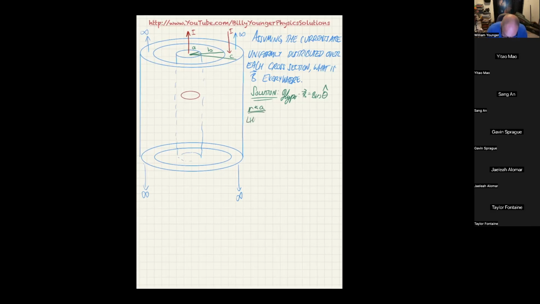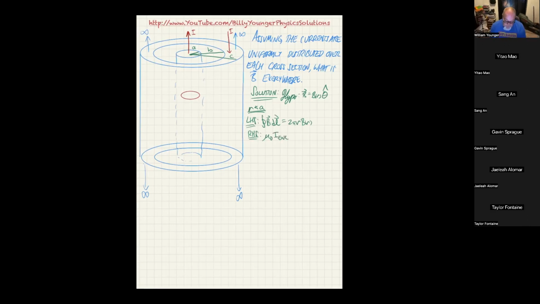Left-hand side, the closed integral of B dot dl is just going to give me 2 pi r times B of r. And the right-hand side, this is the hard part, is going to be mu 0 I enclosed.